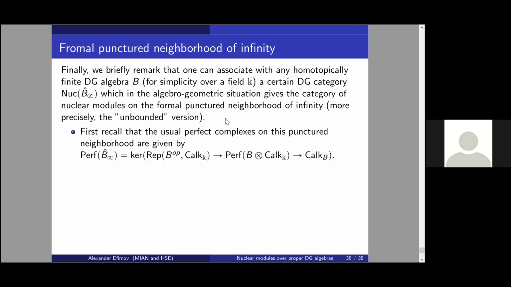So first, recall some construction which I observed several years ago, that the usual perfect complexes on this punctured neighborhood can be defined in terms of this DG algebra as follows. You take the kernel of the functor from representations of B opposite to Kalkin category of K, and go, by smoothness of B, to perfect complexes of B tensor Kalkin, and then you go to Kalkin over B. And this kernel gives exactly the perfect complexes on the punctured neighborhood of infinity.